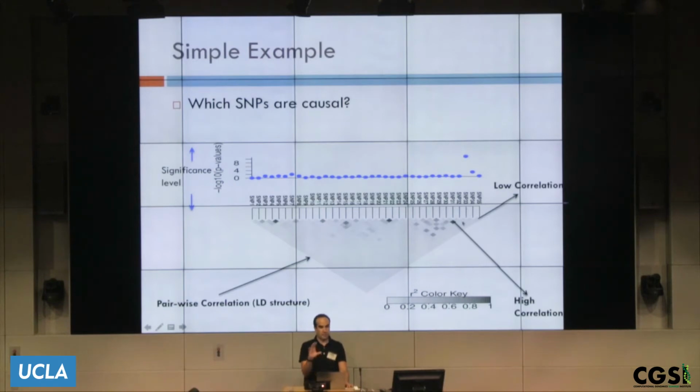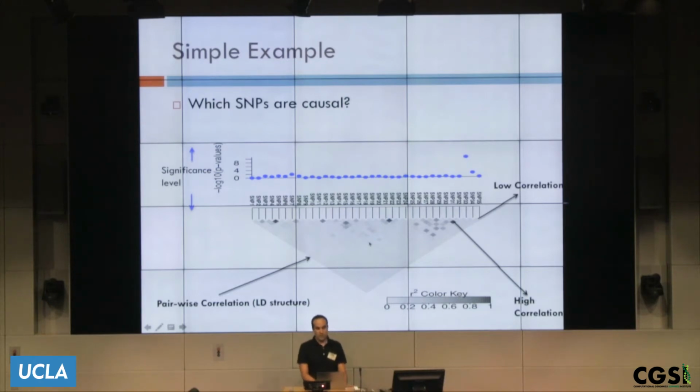This is the correlation matrix, but tilted on its side. The darkness of the point corresponds to how correlated something is. For example, this is a relatively light color, which means that this SNP and this SNP are not correlated. This one's a dark color, which means this SNP and this SNP are correlated.